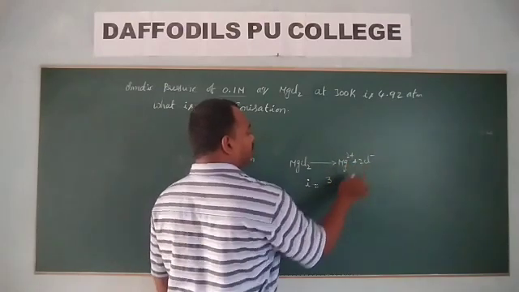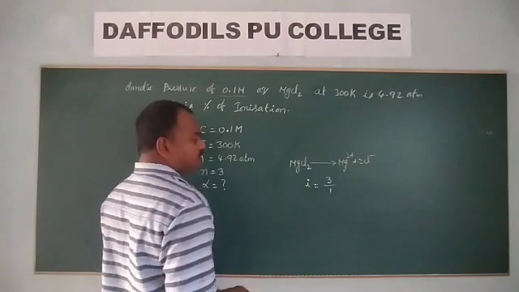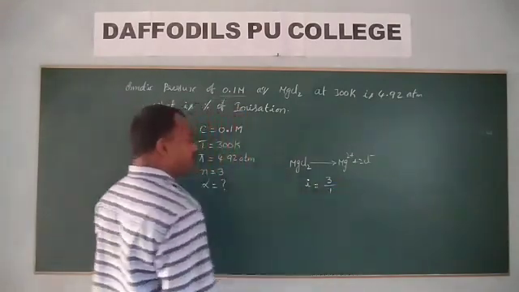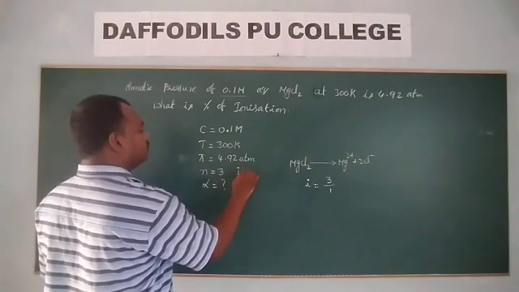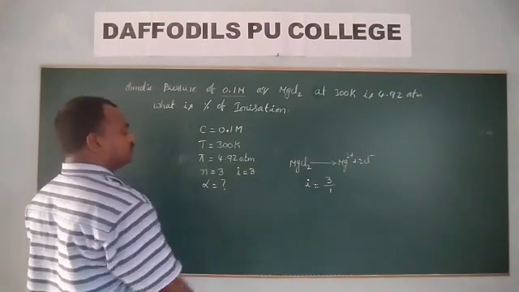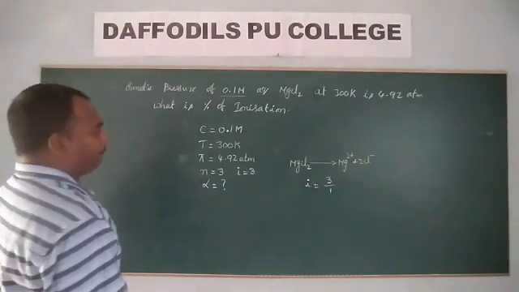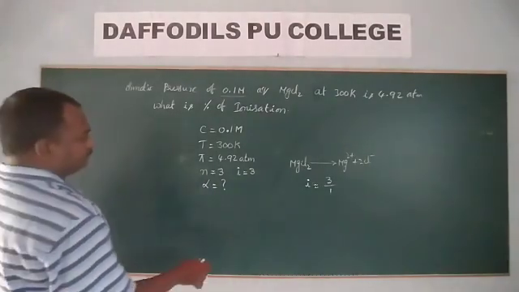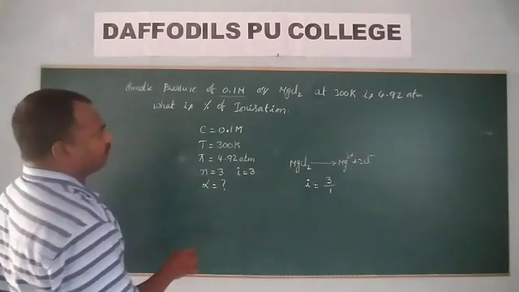After dissociation, how many particles are there? 3. Before dissociation, only 1. So i becomes equal to 3. So from this dissociation, we will get i also. Next, to find out the alpha.